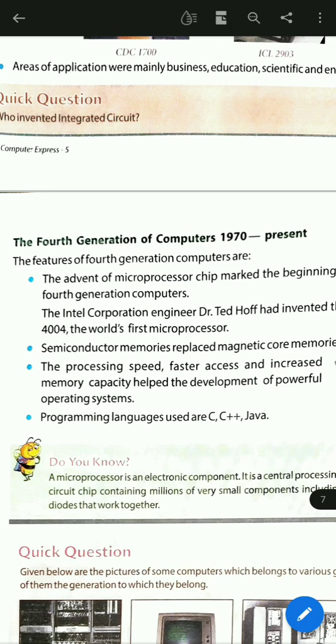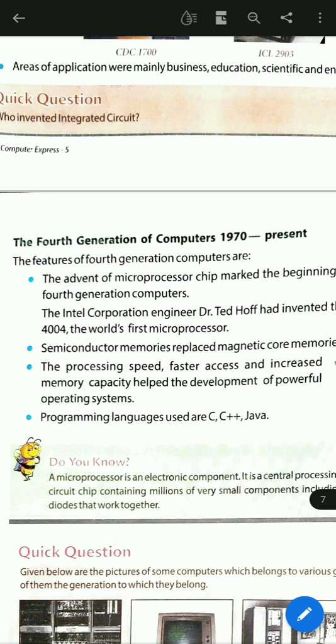The Intel Corporation engineer Dr. Ted Hoff invented the Intel 4004, the world's first microprocessor.